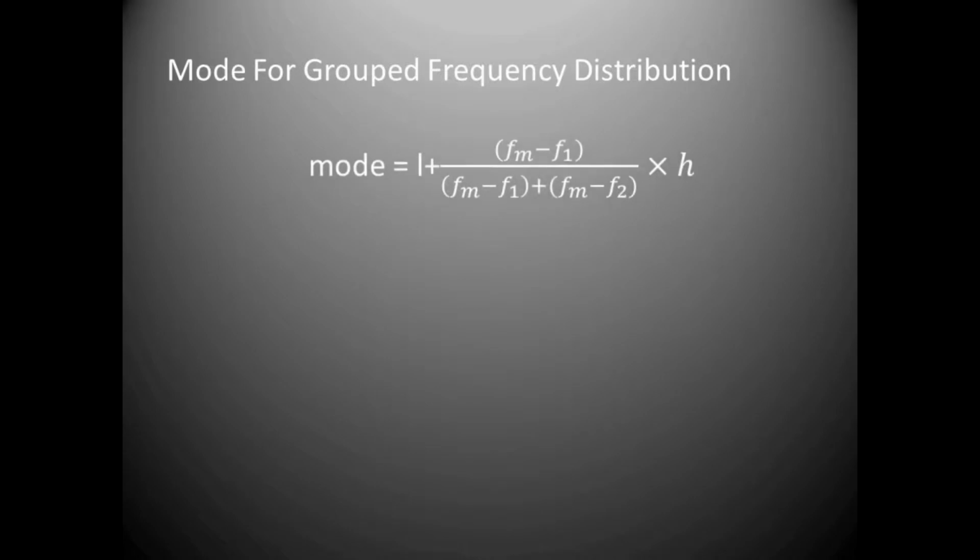Now, mode for group frequency distribution. The formula for group frequency distribution is mode equals L plus (Fm minus F1) divided by (Fm minus F1 plus Fm minus F2), multiplied by h.